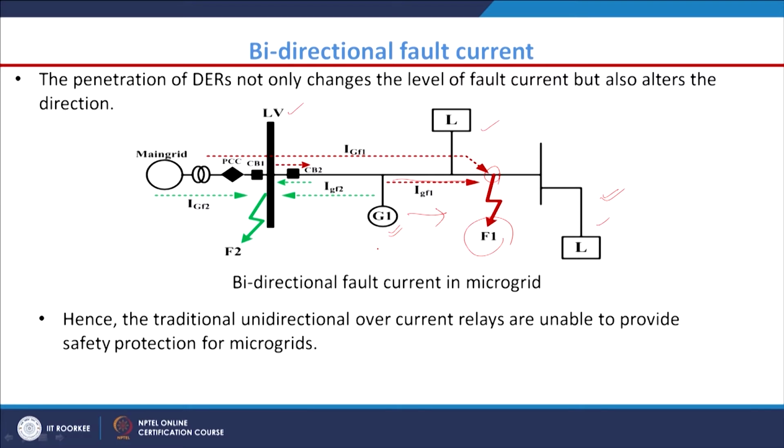But if this fault is at this LV bus or grid side bus, then this DG will contribute in the right to left direction. That means the direction of the fault current contributed by this particular DG differs based on the location of the fault with respect to the DG location.